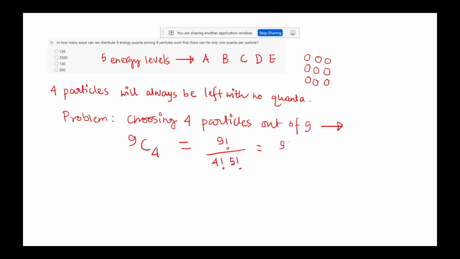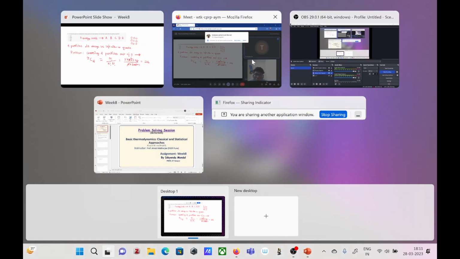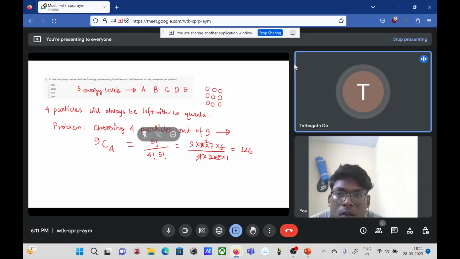Then it becomes 9 times 8 times 7 times 6 divided by 4 times 3 times 2 times 1. So this cancels out, this to this. So 14 times 9, what would be? 126. Option A.